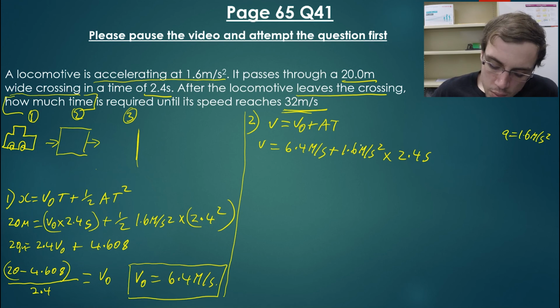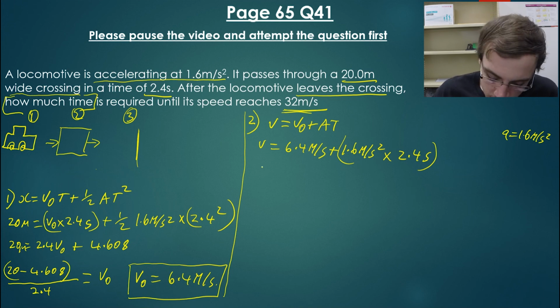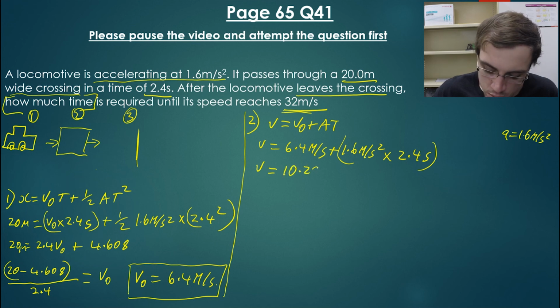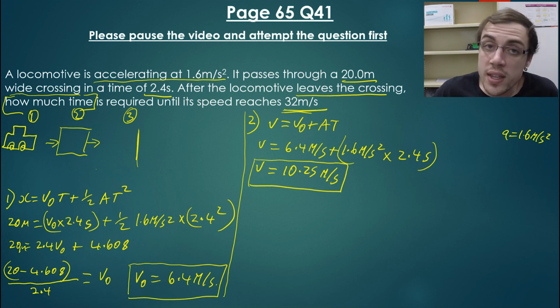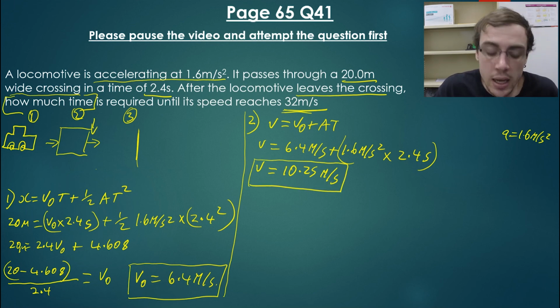We multiply 2.4 by 1.6, then add 6.4, which gives a final velocity of 10.25 meters per second. So we now know how quickly the car left the crossing.